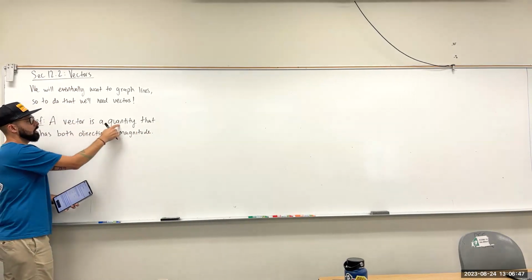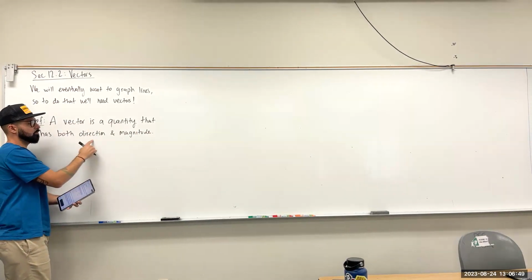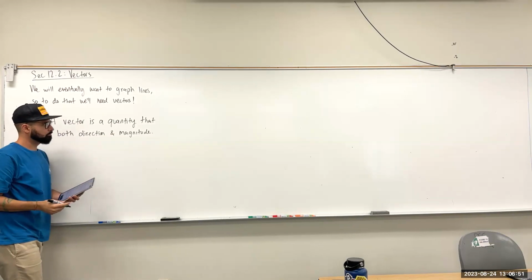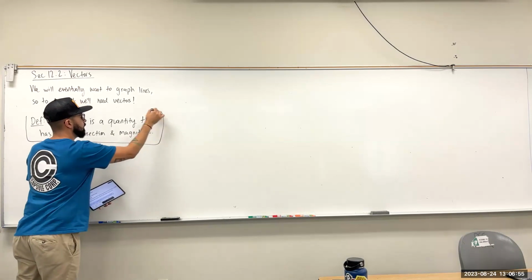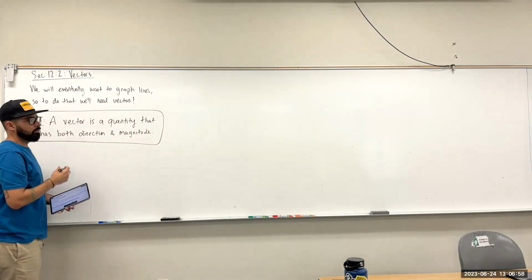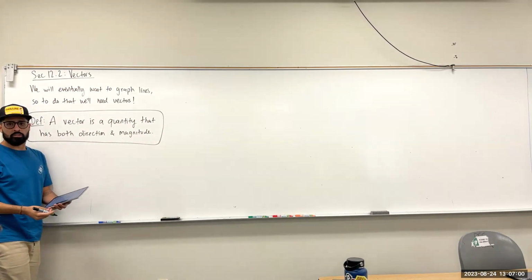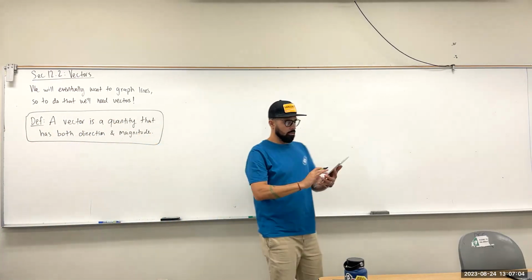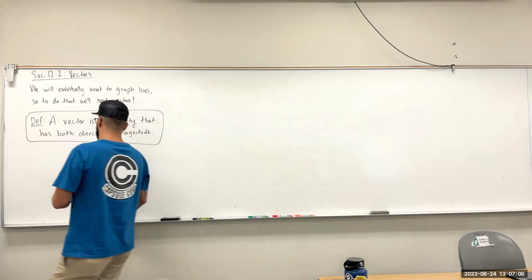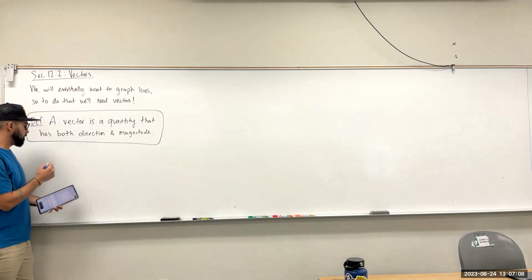Or sometimes we'll say it's an object that has both direction and magnitude. If you've taken linear algebra, sometimes a function is called a vector, depending on how they're defined. But in this class, we're going to use a very visual interpretation of it.